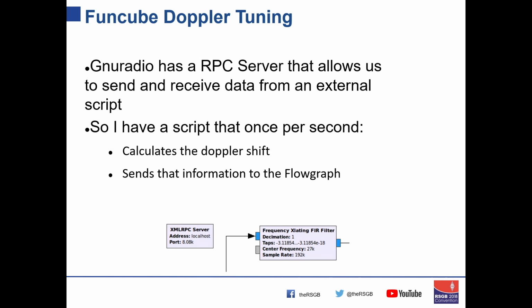I actually use predict. That sends the information to the flow graph, and then it adjusts for Doppler. This lets us get more telemetry packets down, and you get a nice straight line on the waterfall rather than a wavy one, or sloping one, I should say.